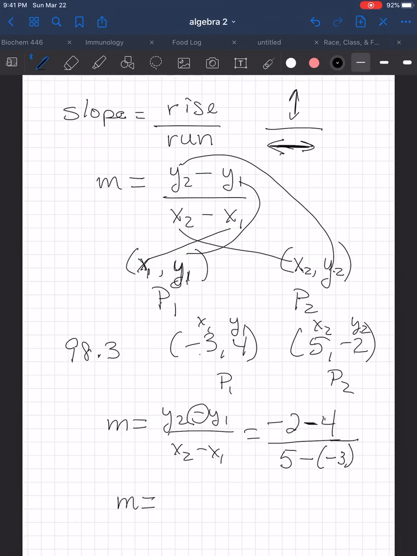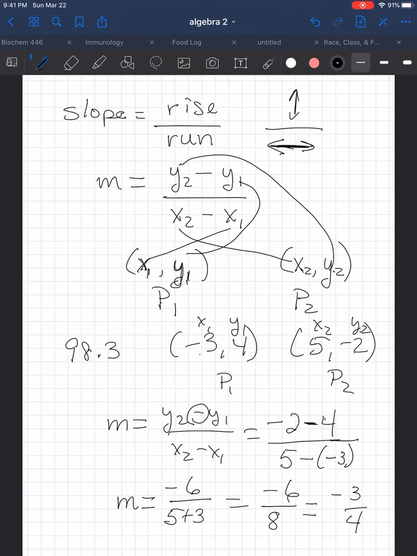So m will be equal to -6 over 5 plus 3, which is -6 over 8, and always reduce it to lowest terms. So that would be -3/4. So the slope of that line is -3/4.